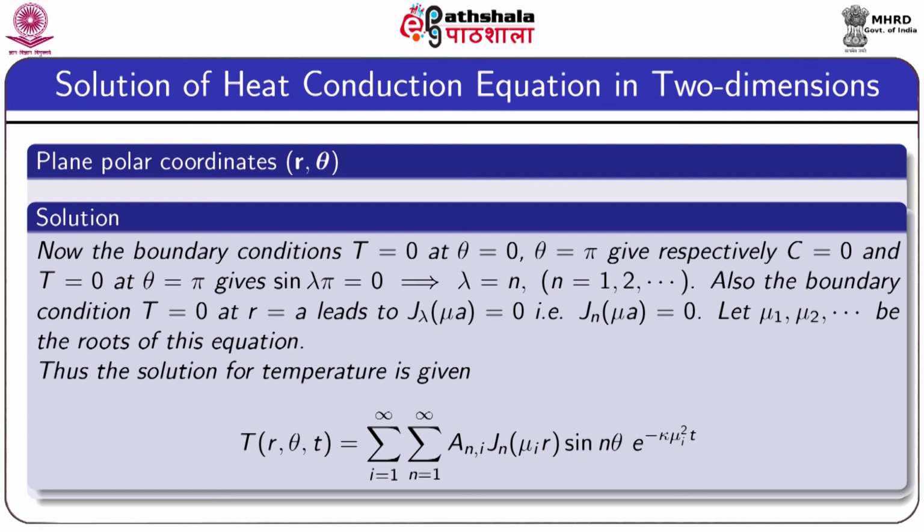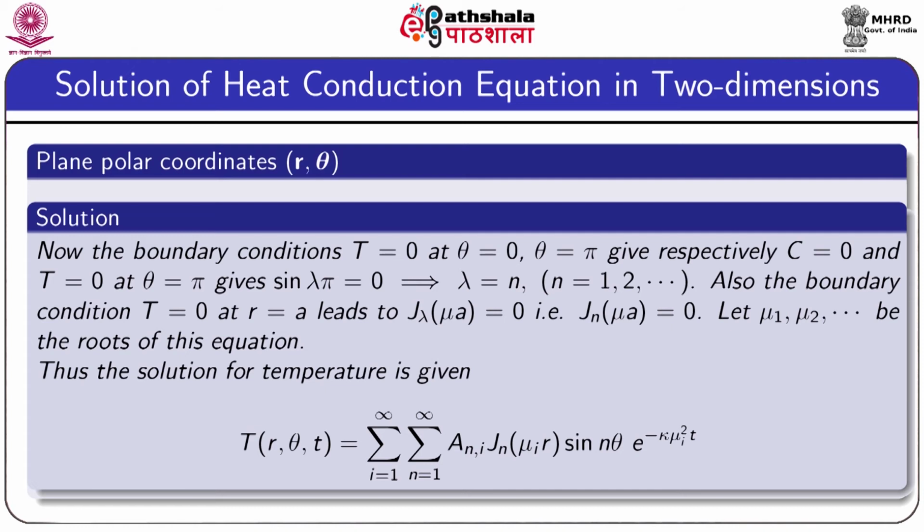Let mu 1, mu 2, and so on be the roots of this equation. Thus the solution for temperature can be written using the principle of superposition as capital T equals sum over i, sum over n, a n i J n mu i r sin n theta e to the power minus kappa mu i square t.